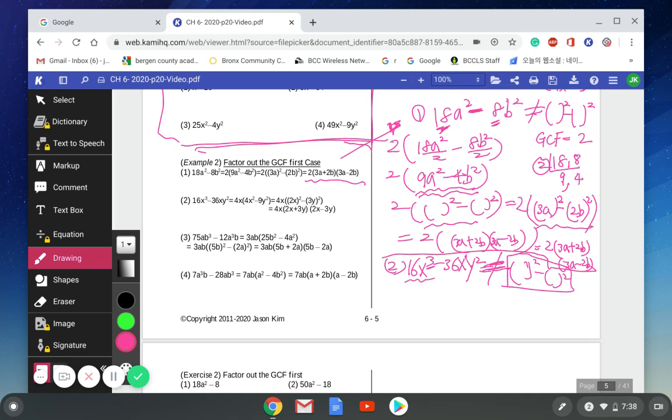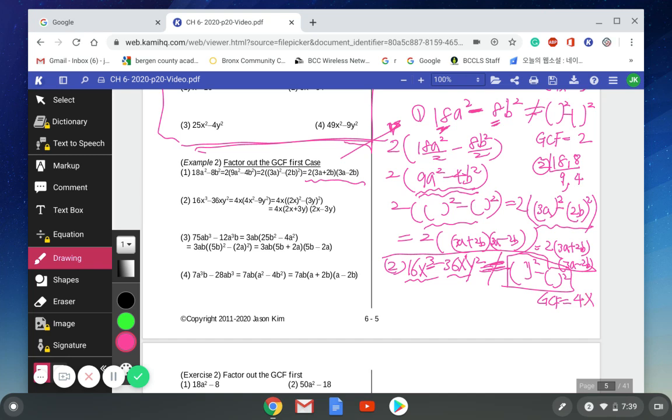But what we found out was you have a GCF. So the GCF of 16x³ and 36xy², there is a GCF for the number and a GCF for the letter. So the GCF becomes 4x.